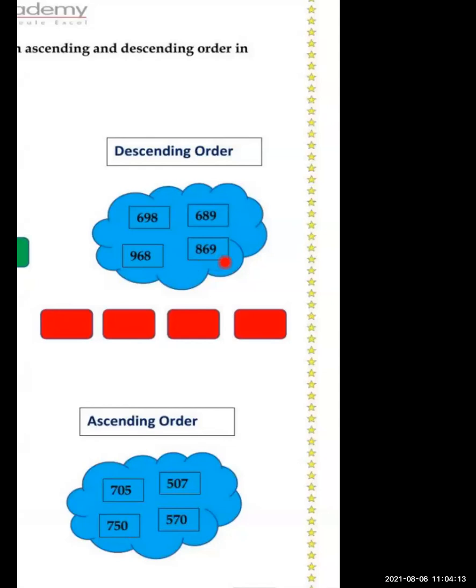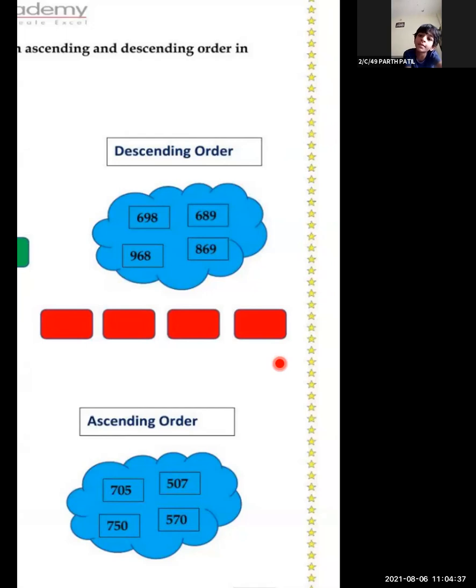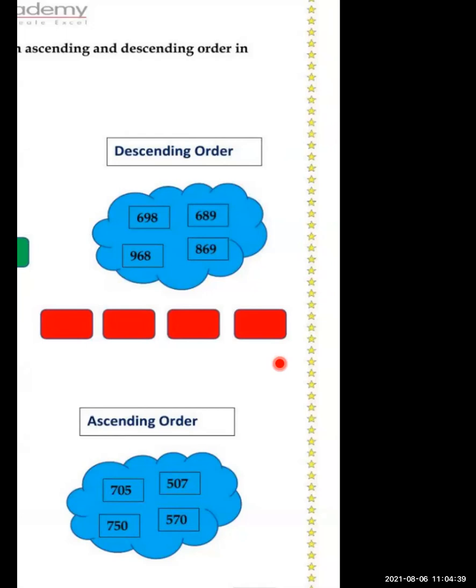869. Okay. So Parth, can you tell me, for arranging descending order, should we start from the bigger number or from the smaller number? Big. Yes, Parth, big number. Very good.